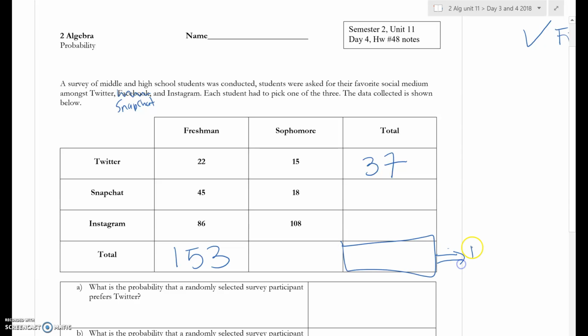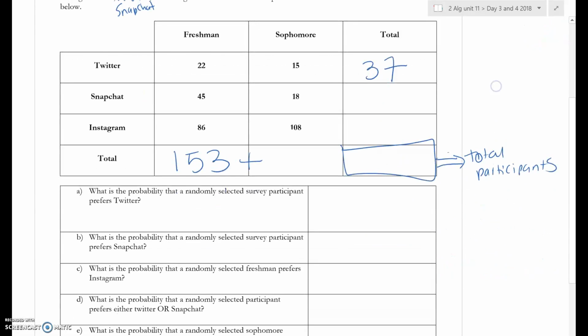This is going to give you the total number of participants. And then double check, because the sum of the freshmen and the sophomores should give you the total number of participants. And then the total sum of the Twitter users, the Snapchat users, and the Instagram users should also give you the total number of participants. So just double check your numbers to make sure you got the correct totals. You'll need those to finish the activity here.